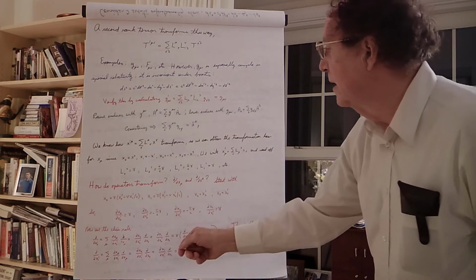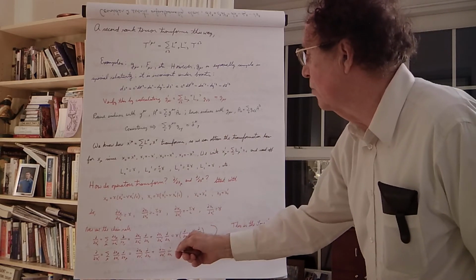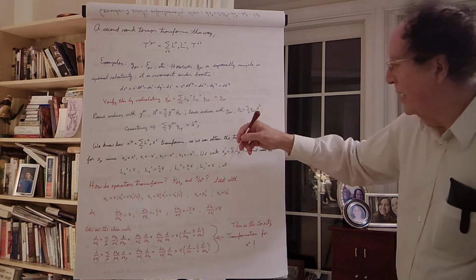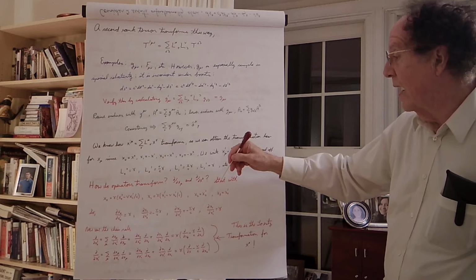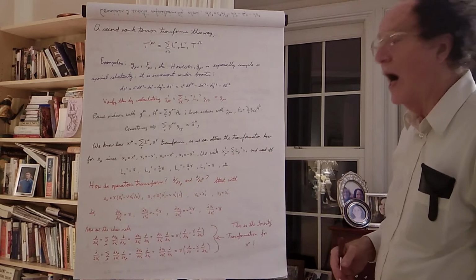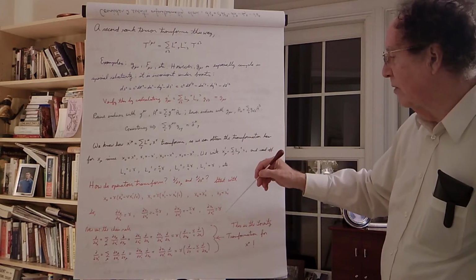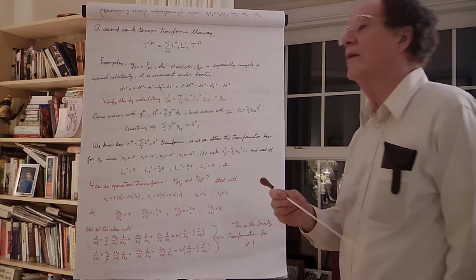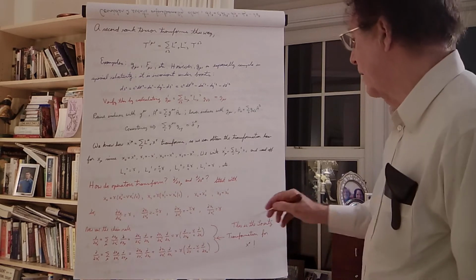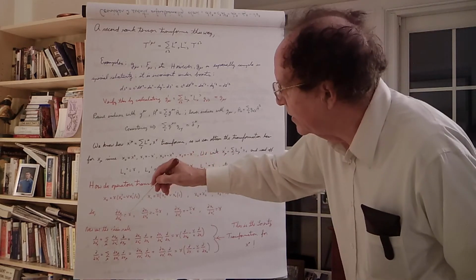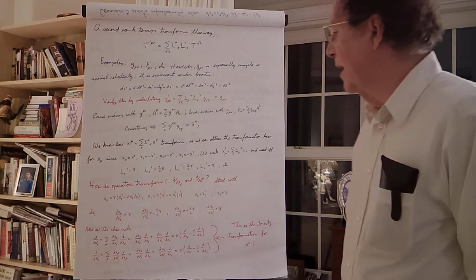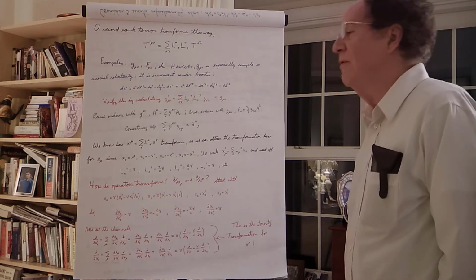So I see that differentiating with respect to x0 prime is a linear combination of differentiating with respect to x0, that's differentiating with respect to time, and differentiating with respect to x1, that's differentiating in the direction of the beam. Okay, and then I need to know how to differentiate in the x1 prime direction.